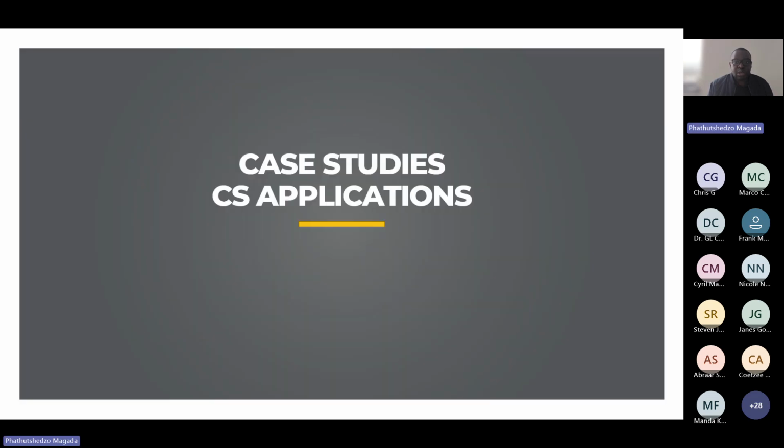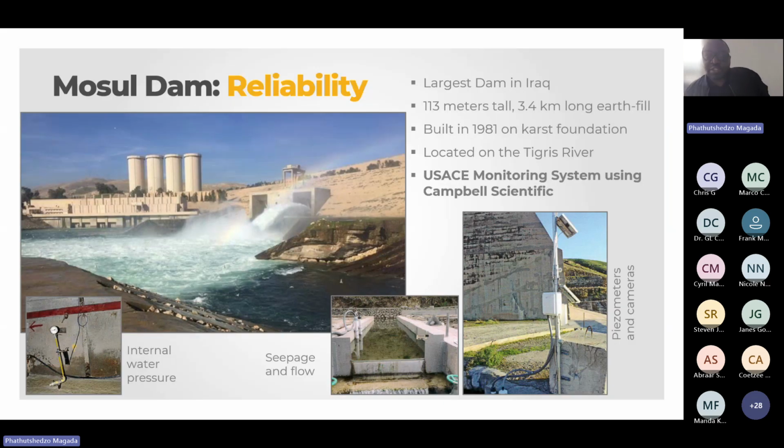Let's dive into the case studies we have in the market where Campbell Scientific was involved. We have Mosul Dam, the largest dam in Iraq. Campbell Scientific was involved in the safety monitoring of Mosul Dam by providing instrumentation, hardware, and software for an automated data acquisition system.